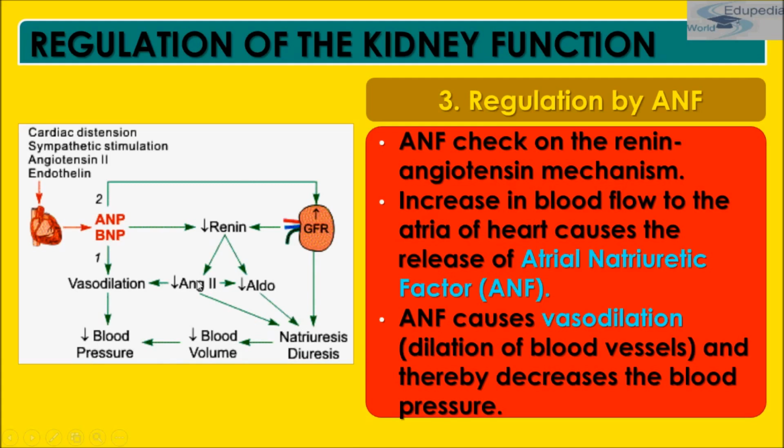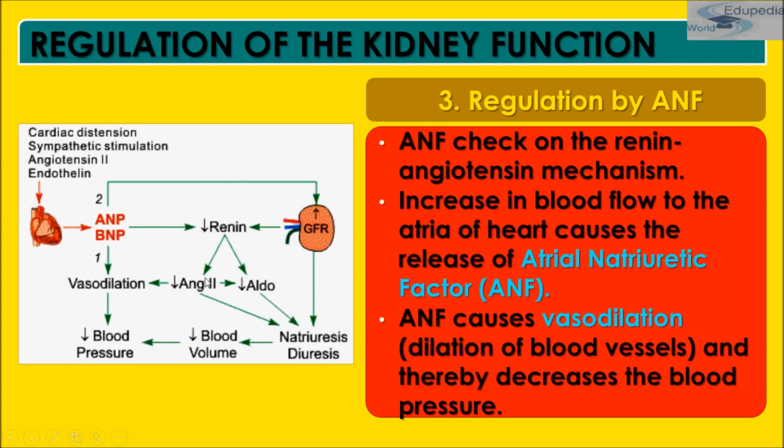So this is how the regulation by atrial natriuretic factor takes place. It is a hormone that is released by the covering of the atrial walls of the heart, and it is released when blood volume increases and it causes rise in blood pressure. ANF inhibits release of renin from the juxtaglomerular apparatus.